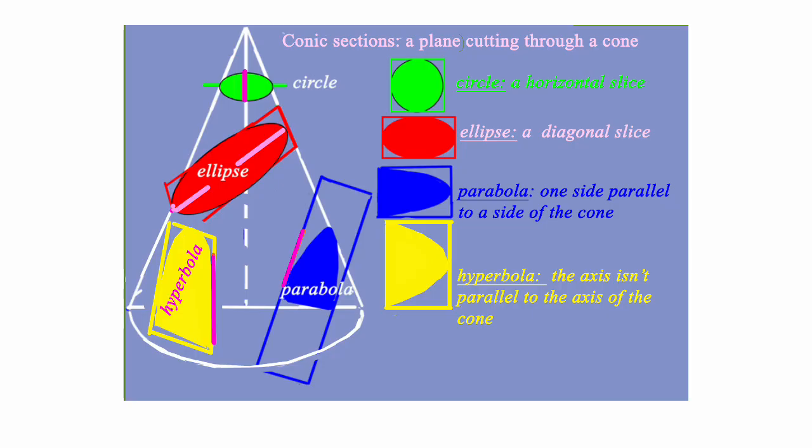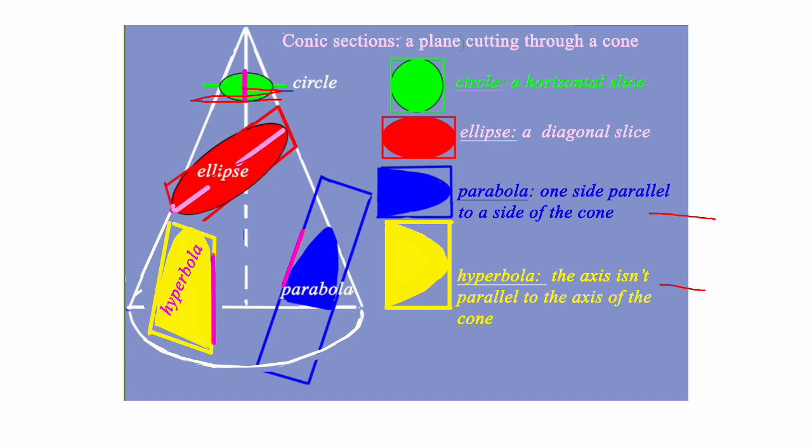The rest of the video will cover some simple approaches to parabolas and hyperbolas. They're conic sections, meaning that they're shapes resulting when planes cut through a cone. A circle results when the slice is horizontal and all points are the same distance from the center.